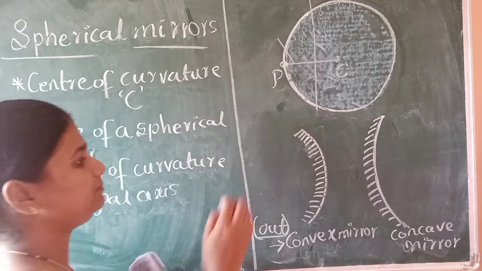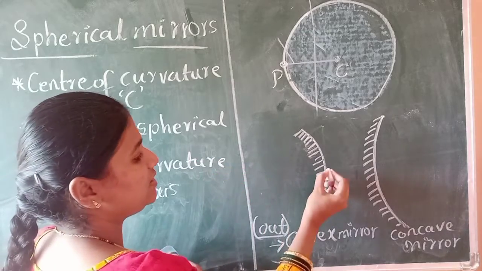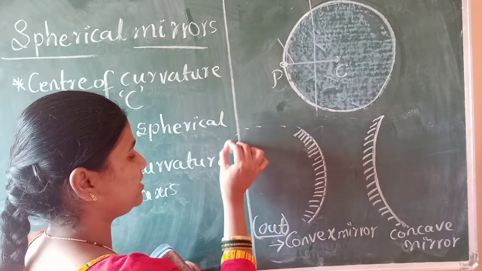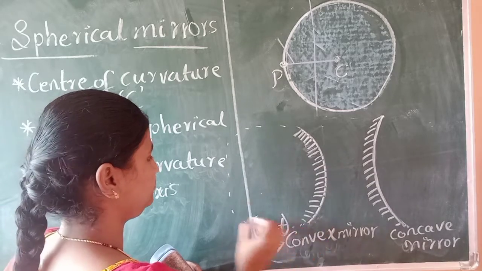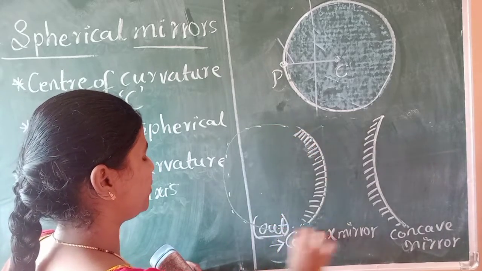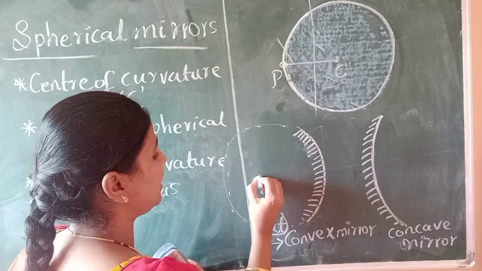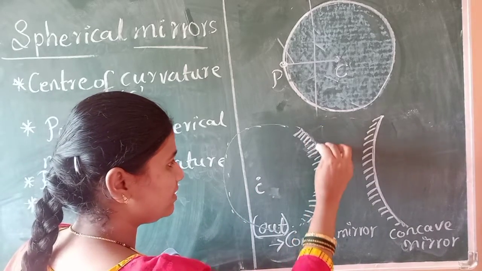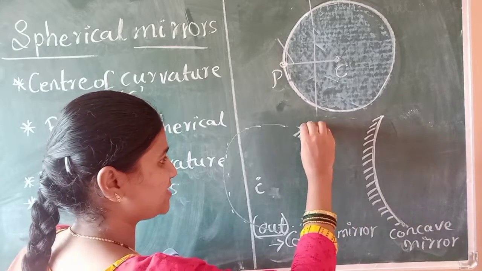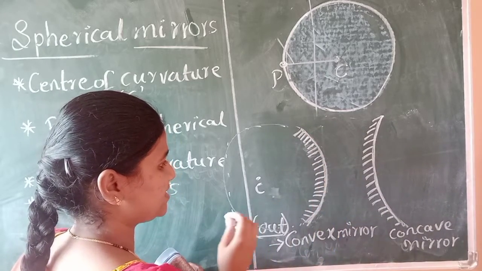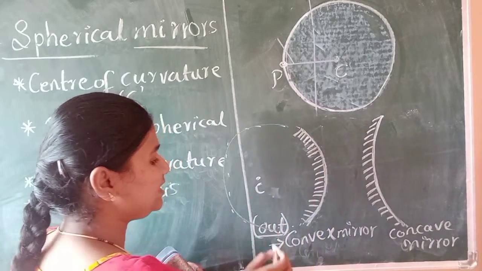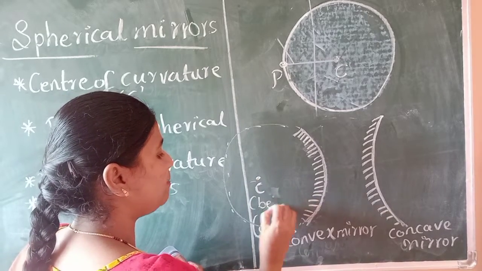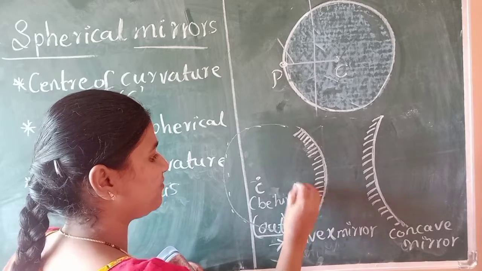Let us consider, now, this is a convex mirror. If this is a sphere, this is a sphere, meaning a circle, so the center of curvature lies here. This side is the reflecting surface. We can say that in the convex mirror, the center of curvature lies behind the reflecting surface.